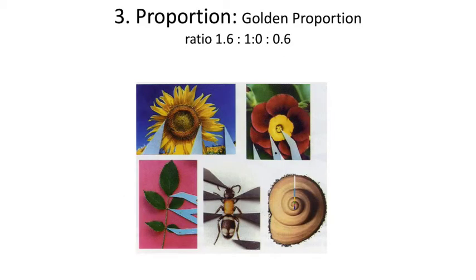The last topic under proportion that I want to discuss is something that we call the golden proportion, or the ratio of 1.6 to 1 to 0.6, which is known as phi, or phi, depending on how you want to pronounce it. This is an old, very ancient mathematical relationship that relates back to the Greeks and is found in many aspects of what's known as classical beauty.